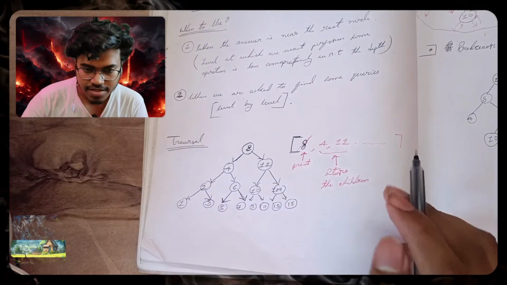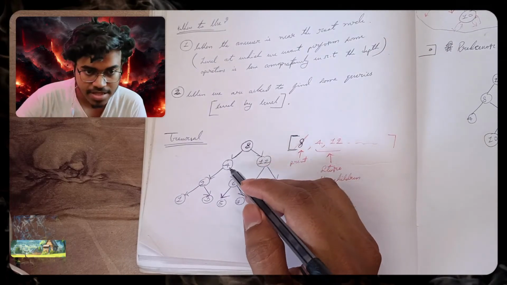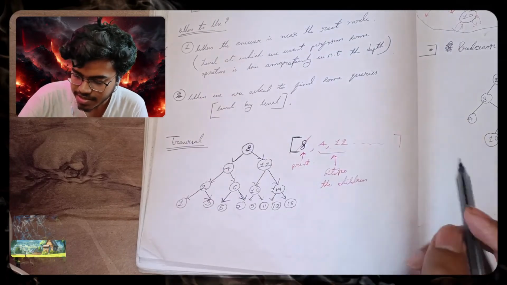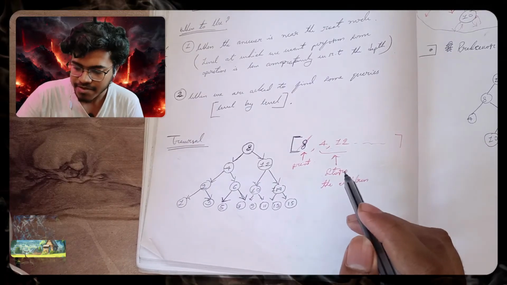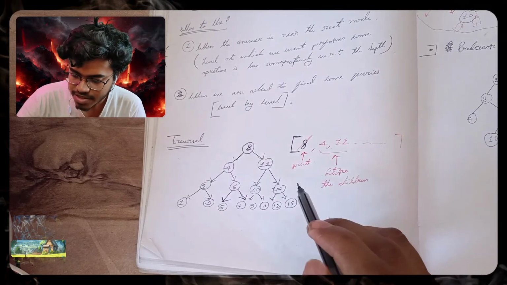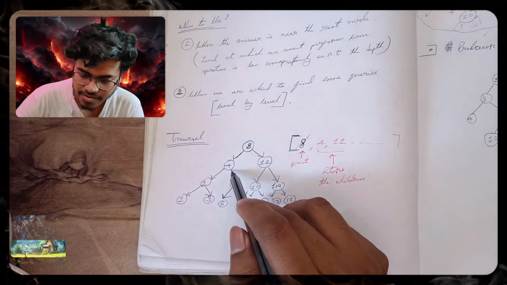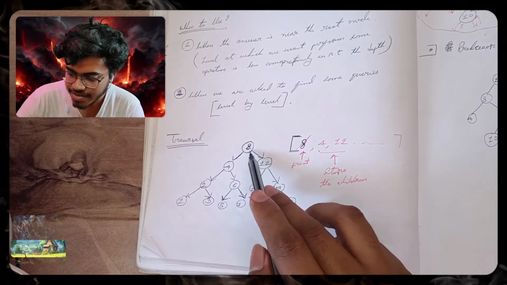So we have to first go to 8 here, then 8 will come here, we have to print 8, and before popping 8 out, we have to store the next should come 4 and 12. So 4 and 12 are the children of 8.